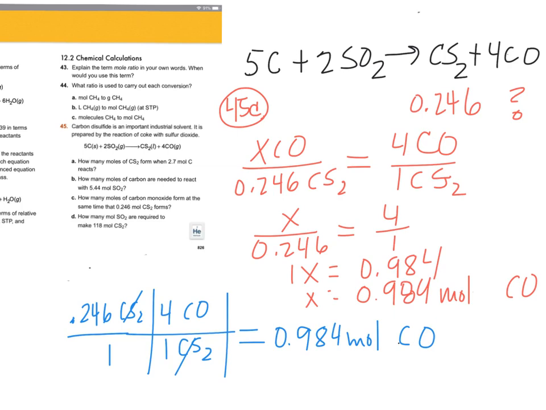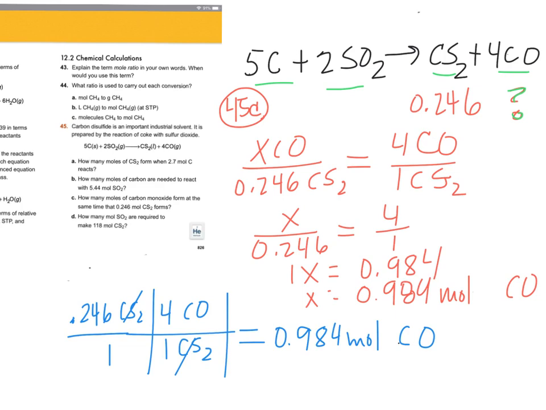In the problem, you're given your balanced equation of 5 carbons reacts with 2 sulfur dioxides to form carbon disulfide plus carbon monoxide. And they are wondering how much carbon monoxide you can form with 0.246 moles of carbon disulfide.